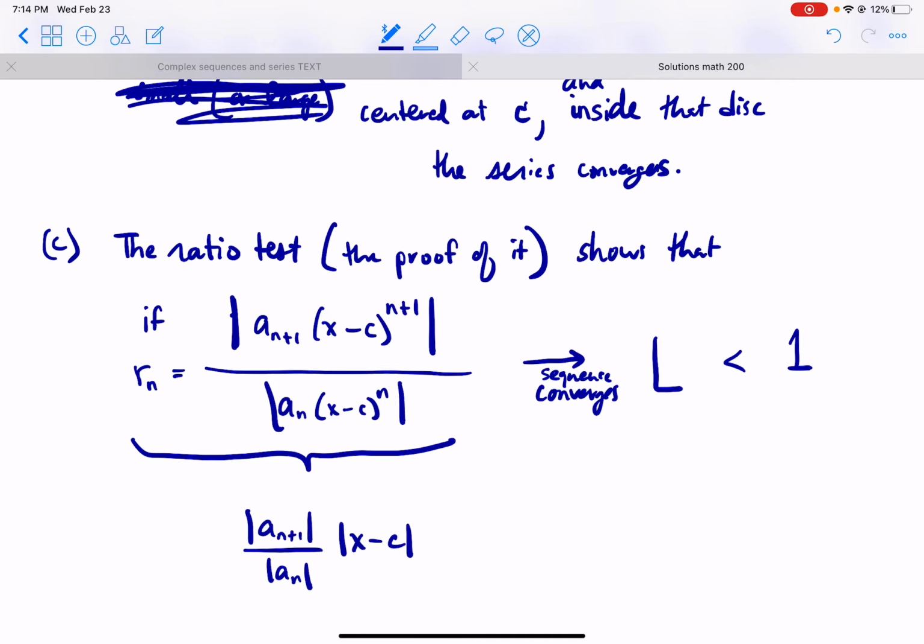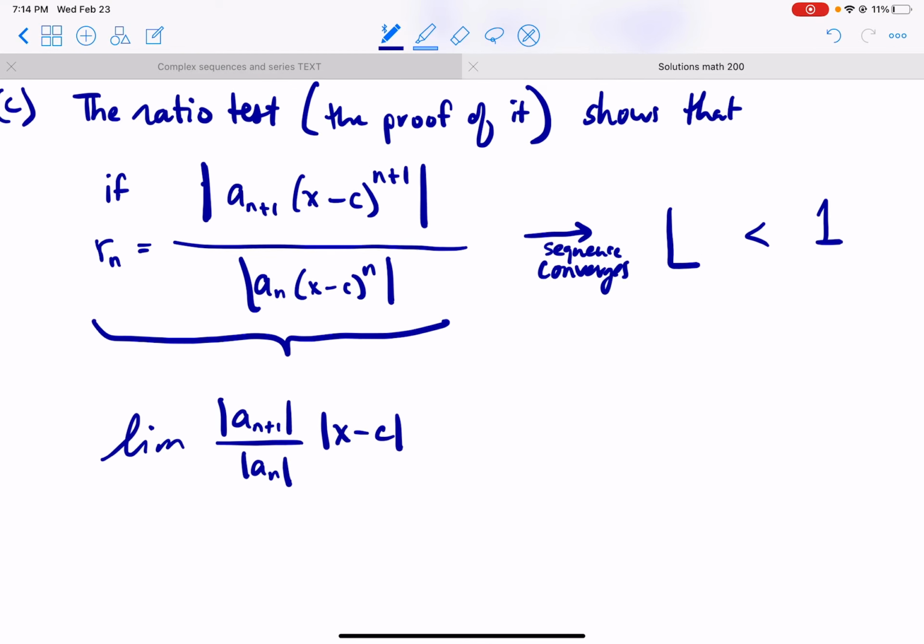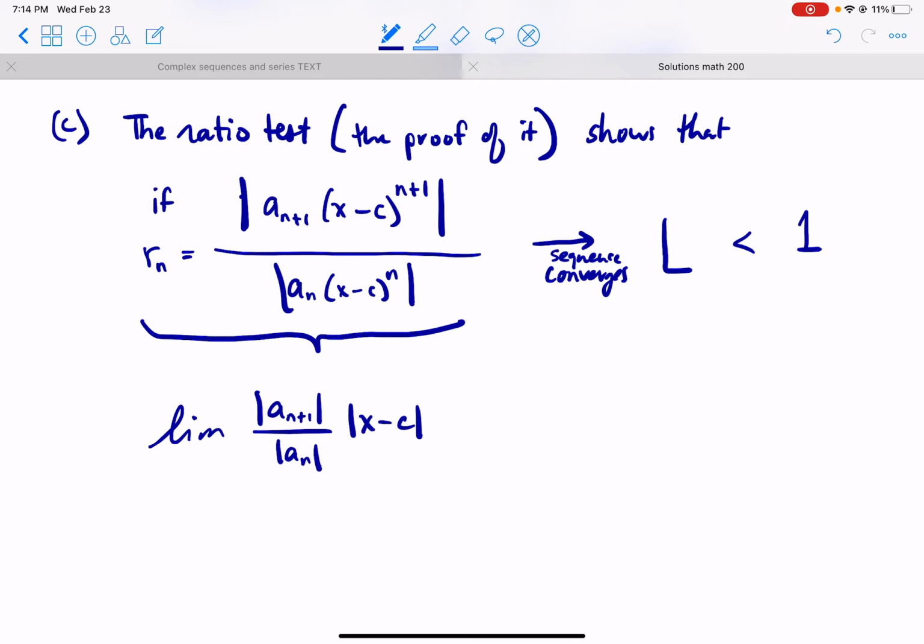And let's say that the coefficient ratios approach some limiting value L.